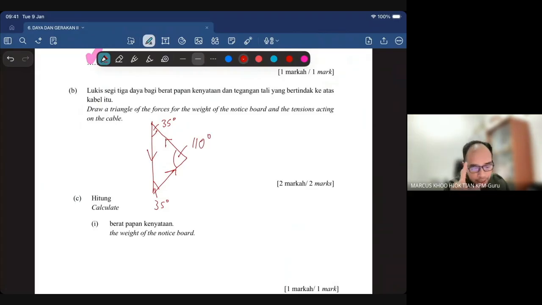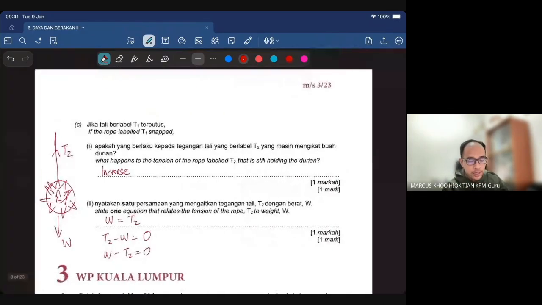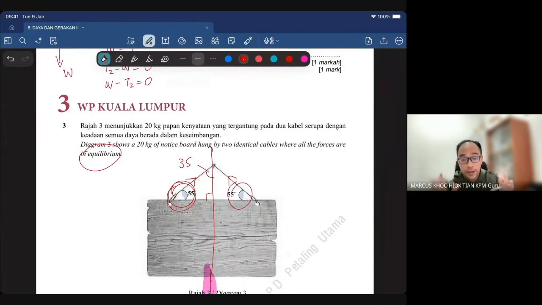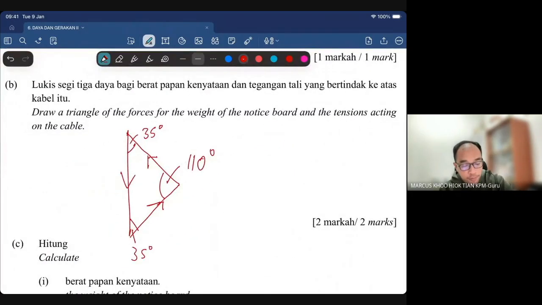Notice that the 110 is 55 plus 55, and that's where this component goes. You don't have to draw this, but if I break this into two, this is 55, and this is 55. That's where the 55 went in this particular scenario.